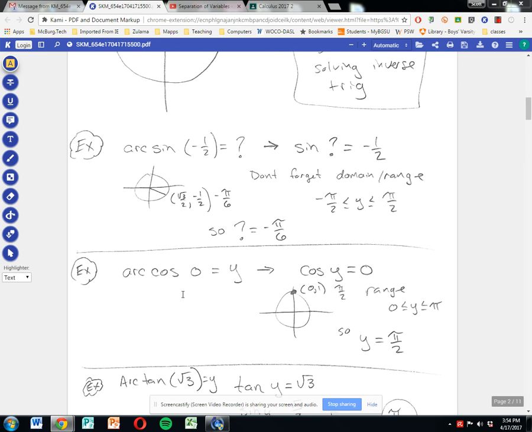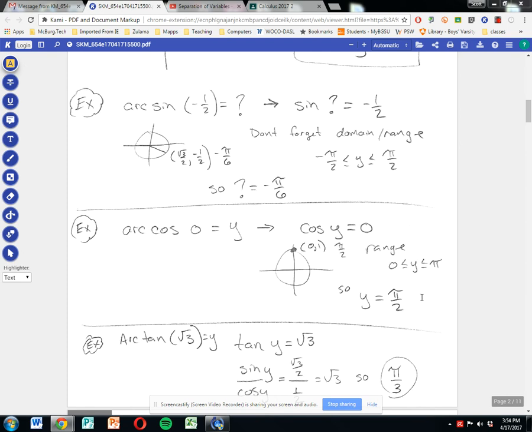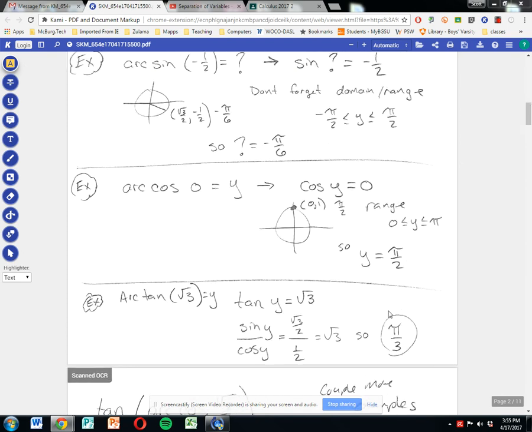If we look at arc cosine of 0 equal to y, if and only if cosine y is equal to 0, then again, we know that this happens up here at pi/2. Since the range is 0 to pi, we just answer y equals pi/2. Arc tangents are a little more tricky, I guess, as are arc cosecants or arc secants. So if arc tangent of rad 3 is equal to y, then tangent y is equal to rad 3.